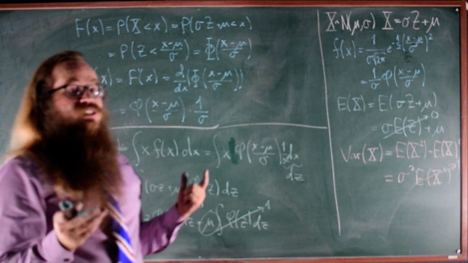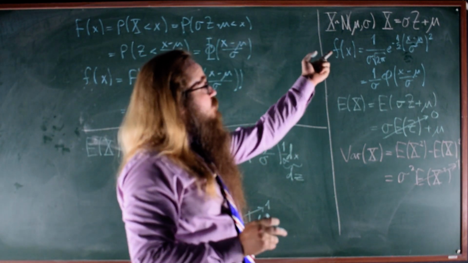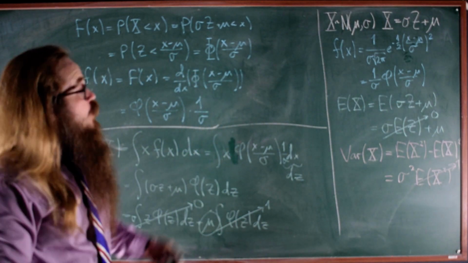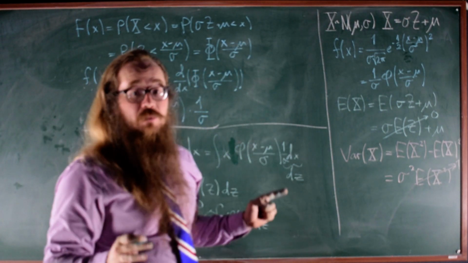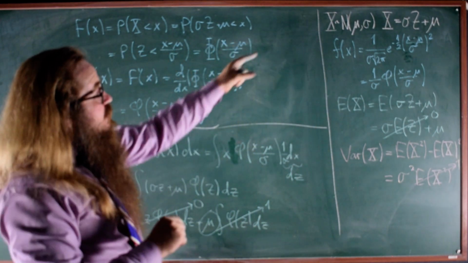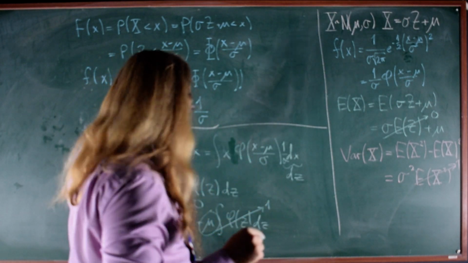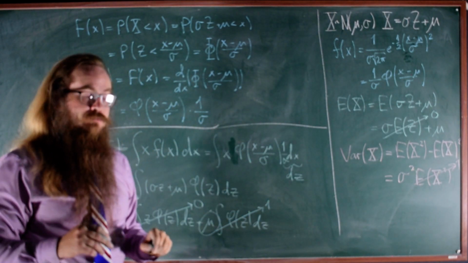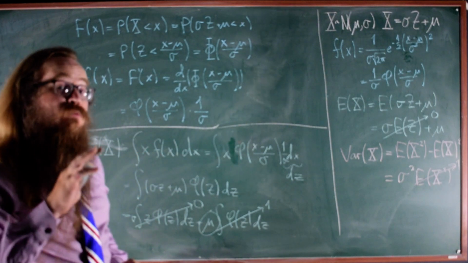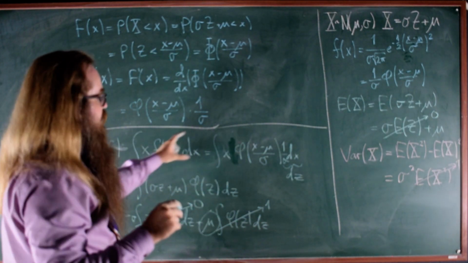Beautiful. I did this with the normal distribution that is written in terms of the standard normal distribution. You can do this with any linear combination. The expected value is linear. So even if it wasn't this, but it was some kind of other linear combination, this argument would still hold up. And if it wasn't a continuous random variable, if it was a discrete random variable, all these arguments still hold up.